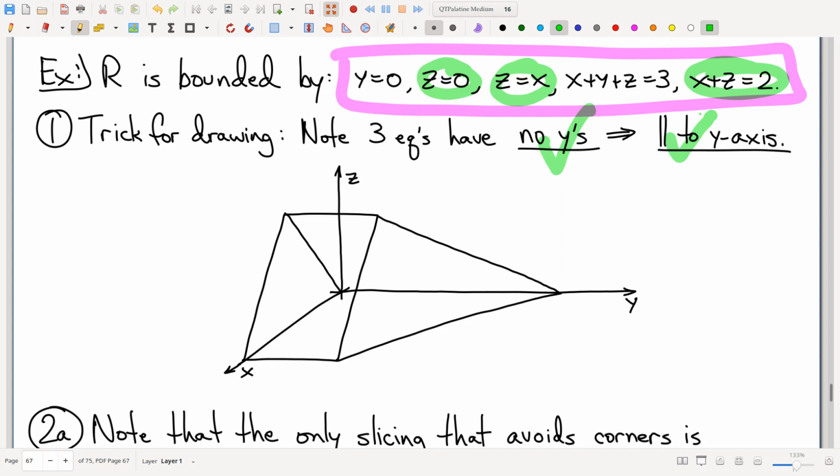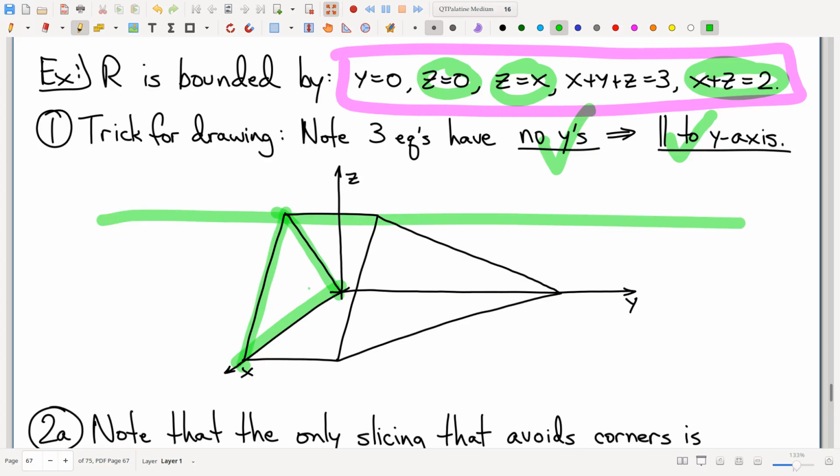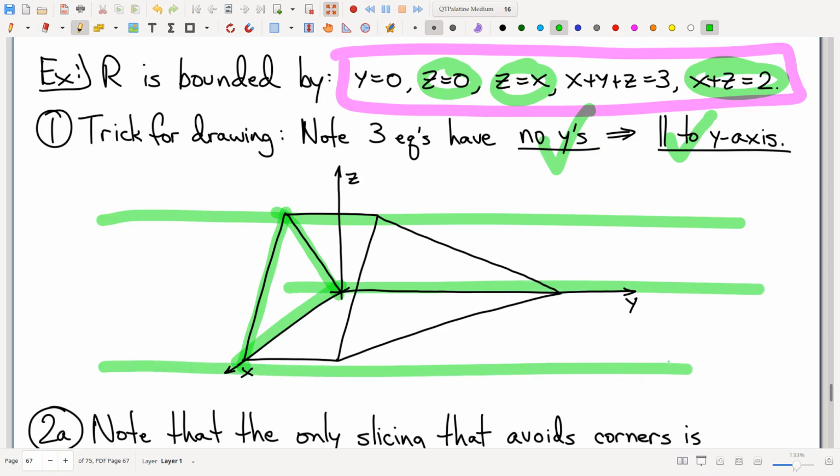You just happen to notice no y in 3 of the planes. It's a good thing to be on the lookout for. And knowing that they're parallel to the y-axis, within the xz plane, here's z equals 0, and here's z equals x, and here's x plus z equals 2. And so those planes are kind of like this. Makes sort of a prism.